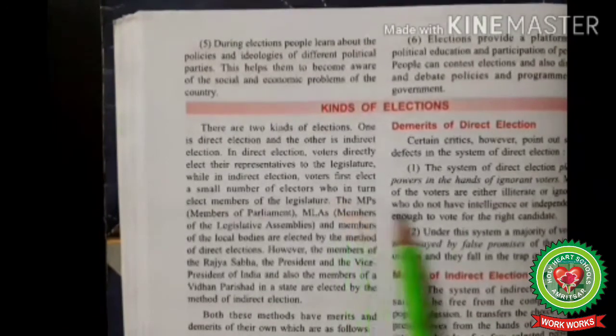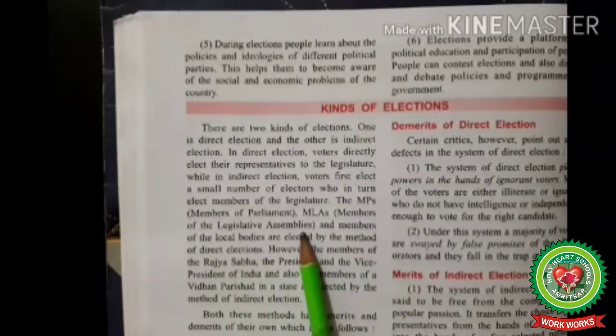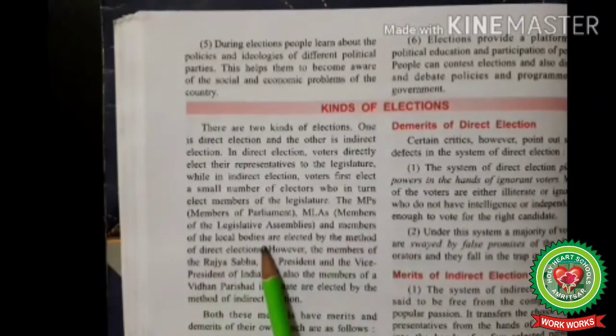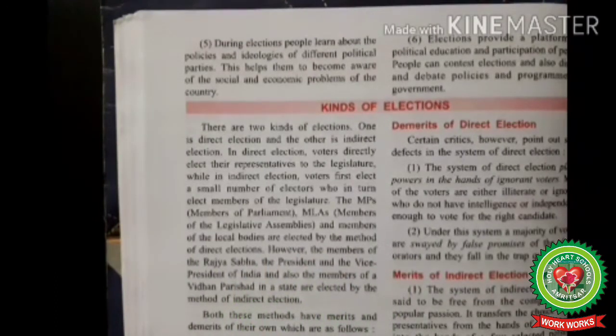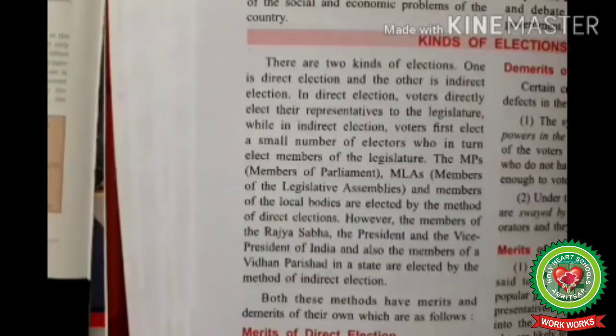The MPs, Members of Parliament, MLAs, Members of Legislative Assemblies, and members of the local bodies are elected by the method of direct election. However, the members of Rajya Sabha, the President and Vice President of India, and also the members of Vidhan Parishad in a state are elected by the method of indirect election. It means there are two types of election, that is direct and indirect election.